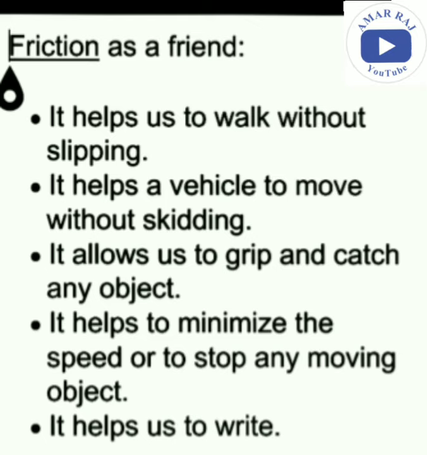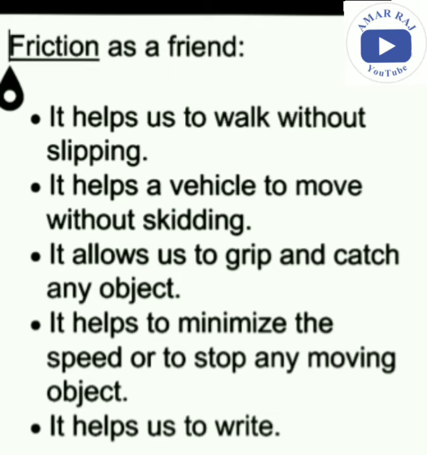These we have all discussed during the class, during the study of advantages of friction. See example number 3. It allows us to grip and catch any object, that is, to hold an object or to lift an object. Friction helps us with our hands, especially. Now, next example: it helps to reduce the speed or to stop any moving object.